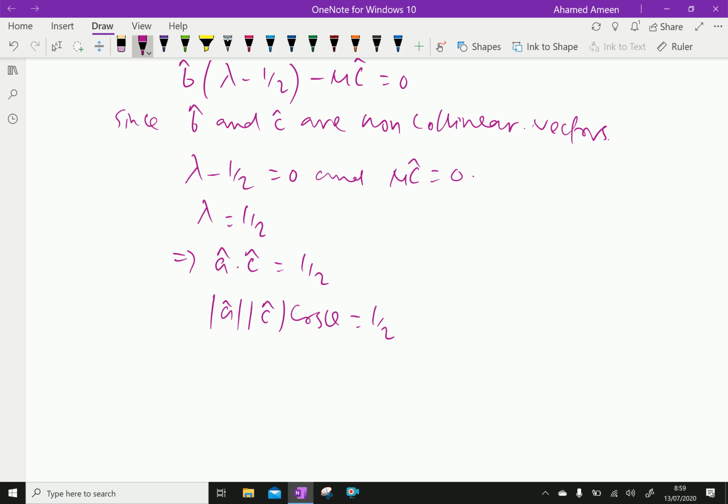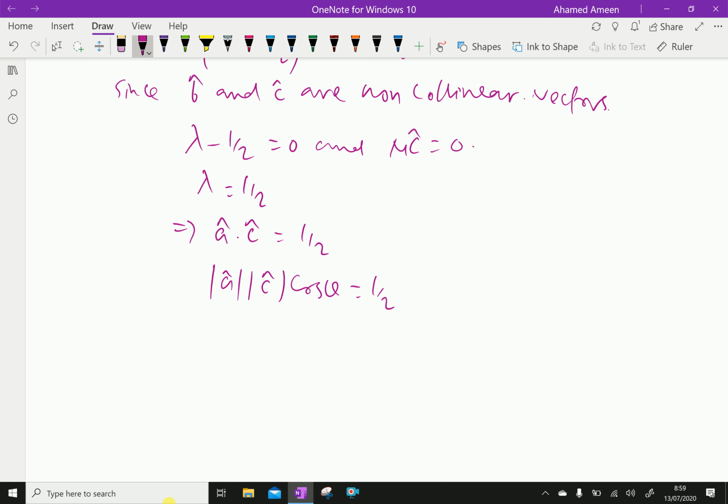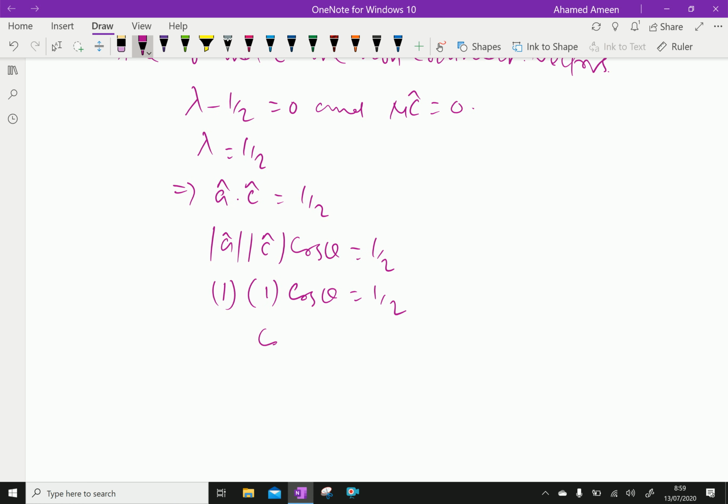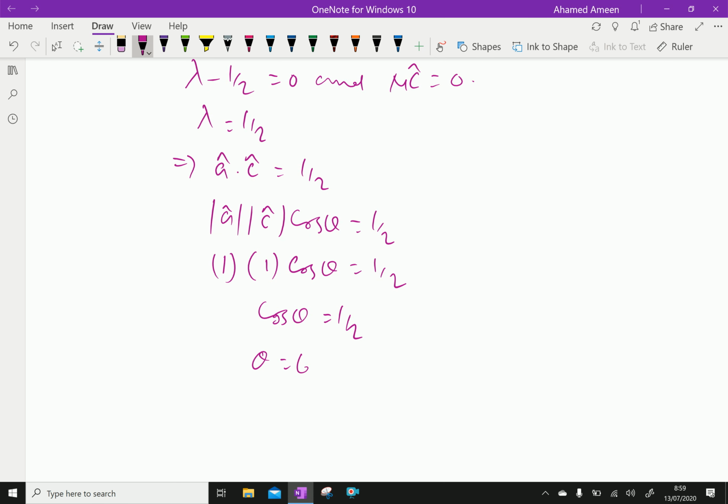Further, by the definition of scalar product, modulus of A cap vector is 1 and modulus of C cap vector is 1 because they are unit vectors, into cos theta equal to half. From that, cos theta equals half, therefore theta equals 60 degrees, which is pi by 3.